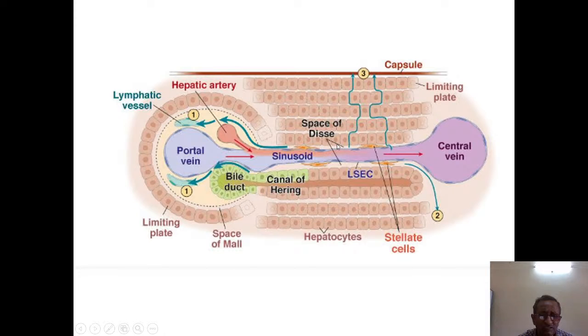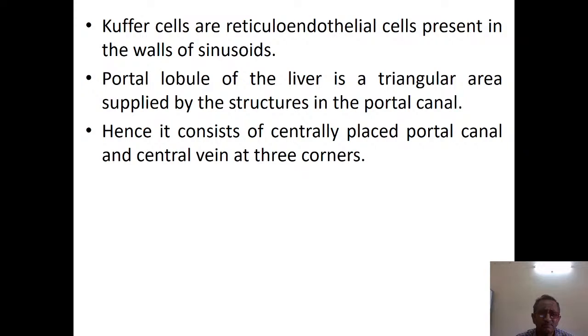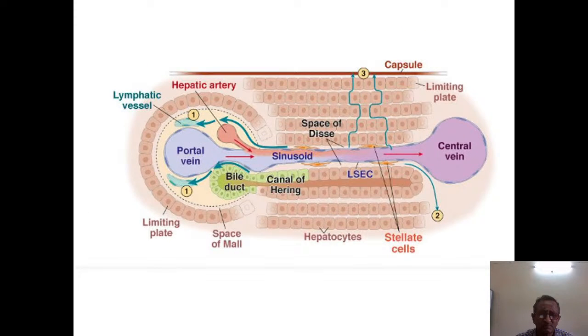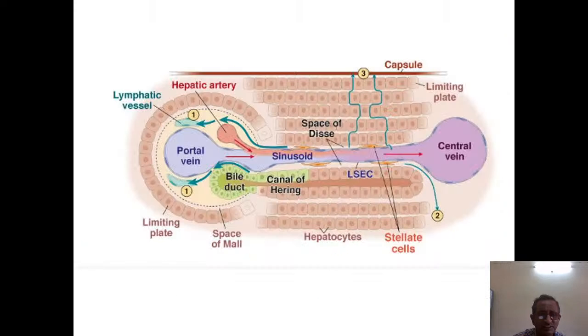So this is the space of Disse, this is the space of Mall. So the fluid collected in the space of Disse, between the hepatocytes and the sinusoids, goes into the space of Mall in the portal triad, and from there the lymphatics start and drain gradually.